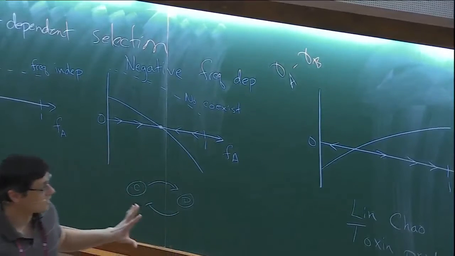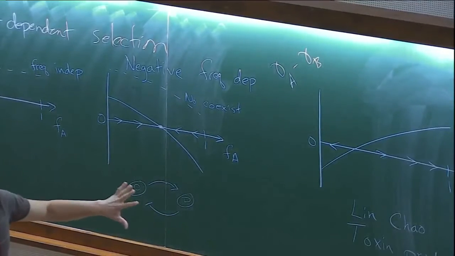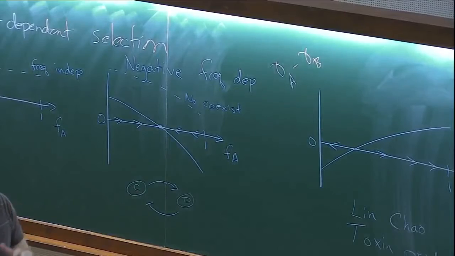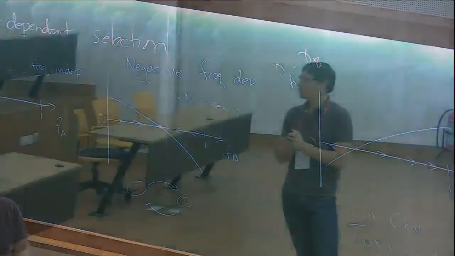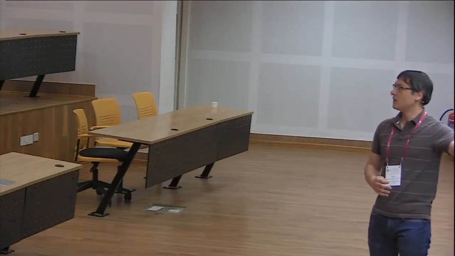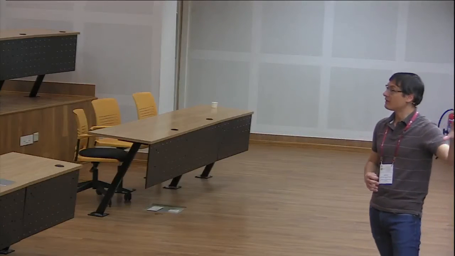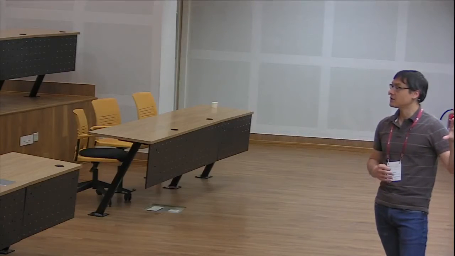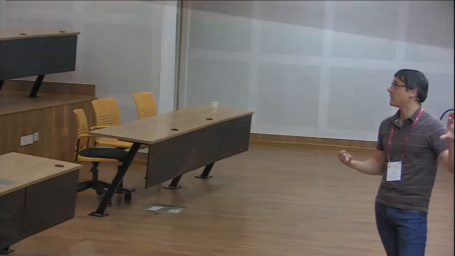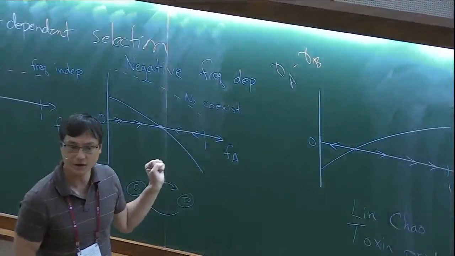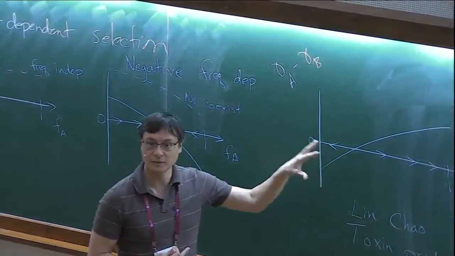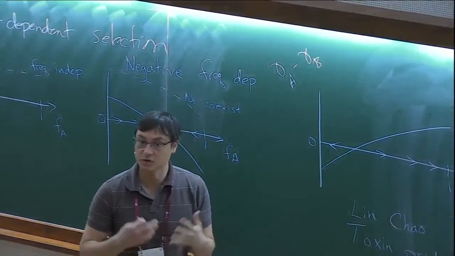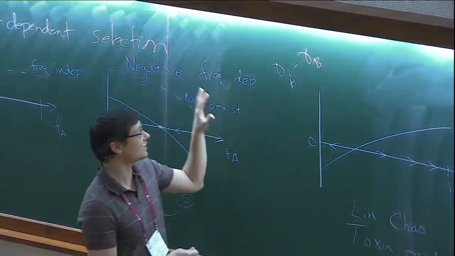All right, so this is, if you'd like, applying some rough ideas from evolutionary game theory, in the sense of highlighting that the fitness of different types can depend upon the frequency. But the language or the way of thinking about it is a bit closer to the traditional view of population genetics, because it's really thinking about this phenomenon of negative frequency-dependent selection, which of course has been known for many years that it can happen.